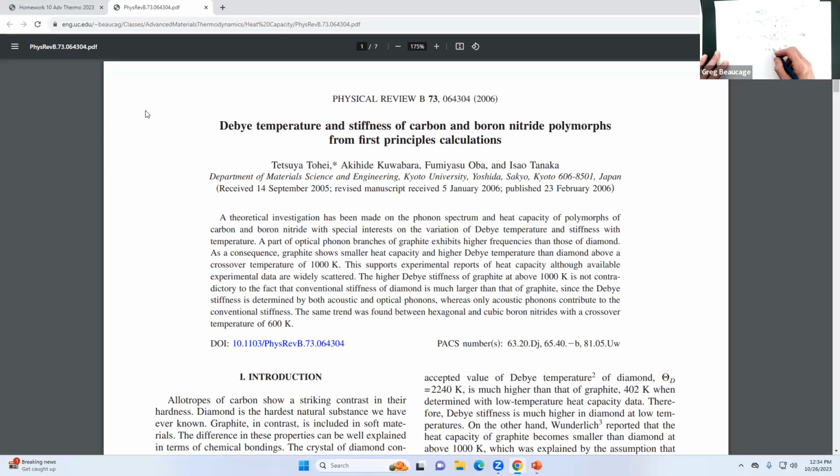In the same way, you have a Debye temperature defined the same way, except using this x_D. So x_D is the Debye frequency, which in this paper is the angular frequency times ħ.